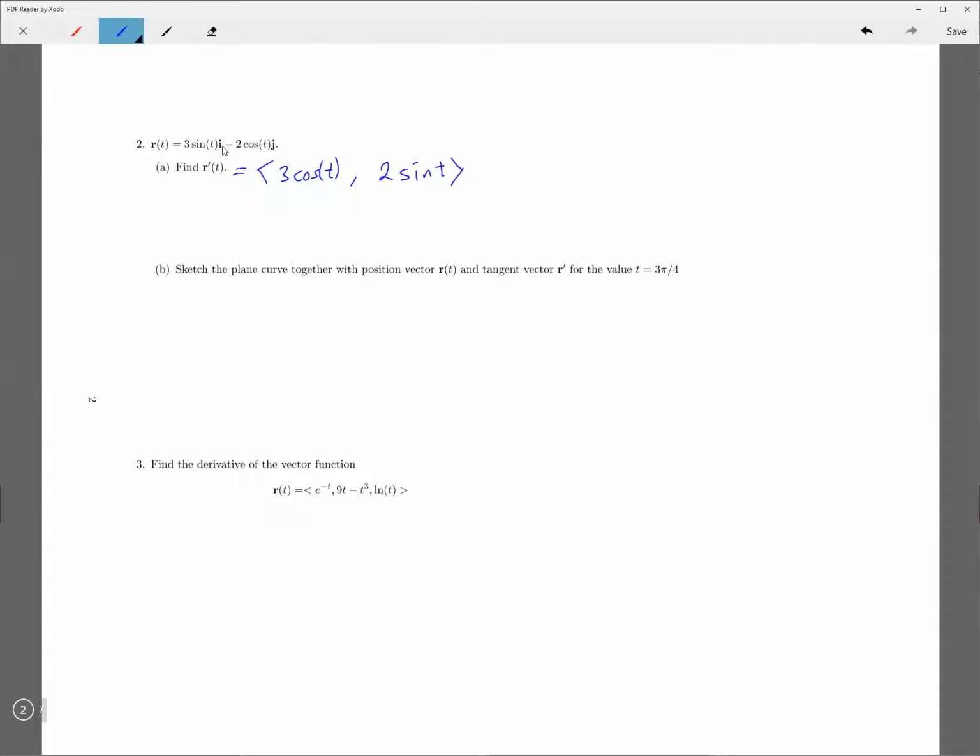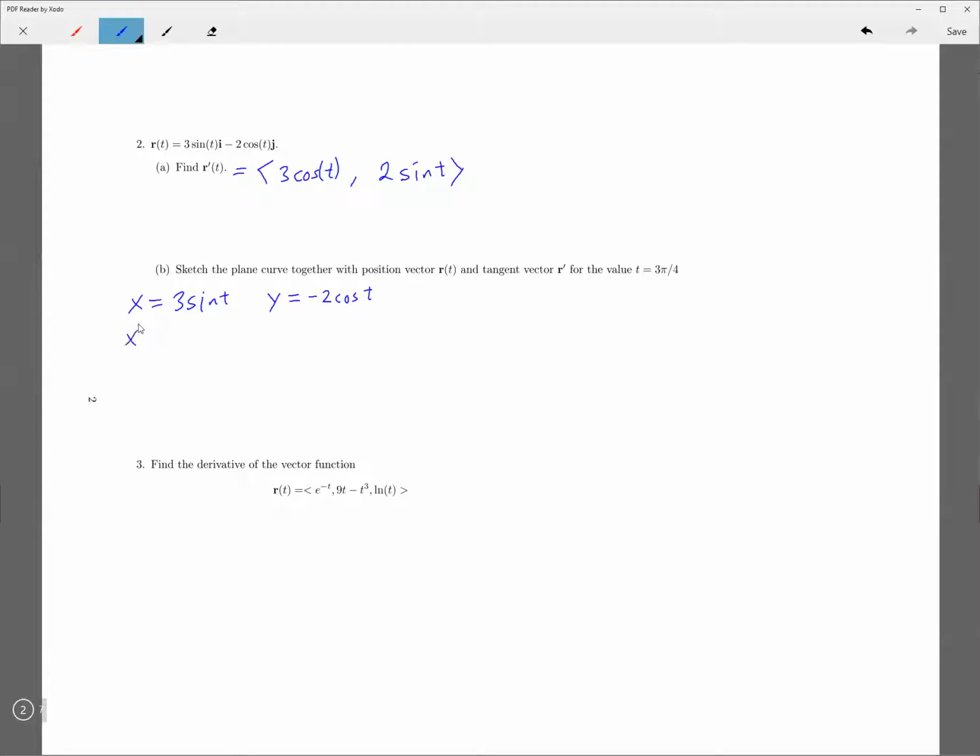That's one of the main things that you need to remember from last time. But you can also argue this way. You're saying x is 3 sine t. Oh, this is a sine instead of a cosine also. That changes things. And then you have y equals negative 2 cosine t.